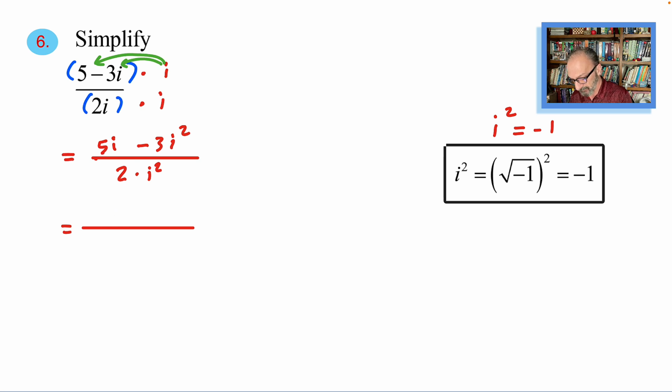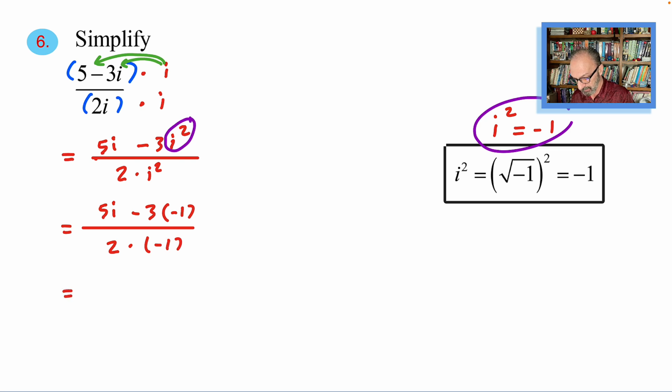Let's go back. 5i minus 3 multiplied by negative 1, just because I squared is negative 1, and 2 times I squared, which is 2 times also negative 1.